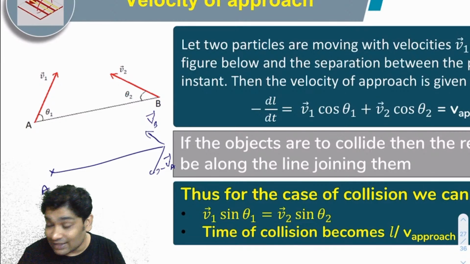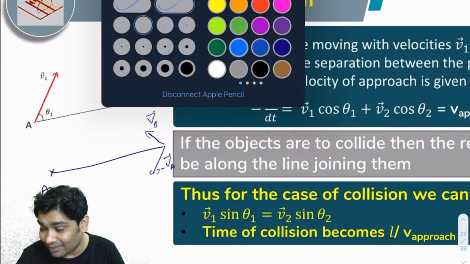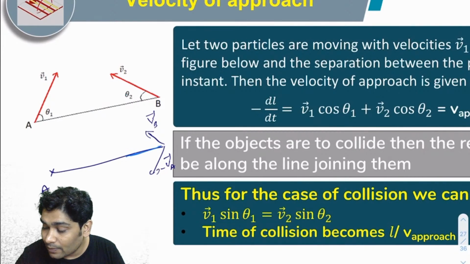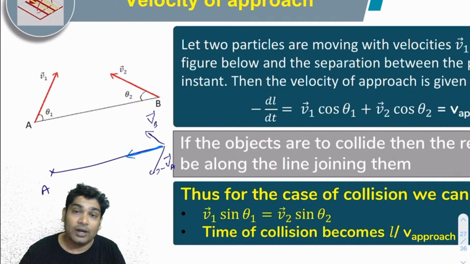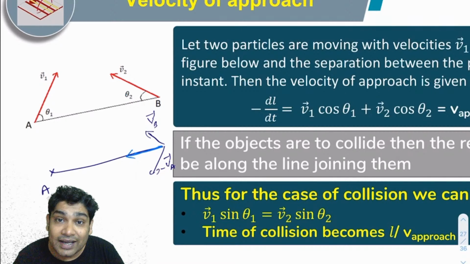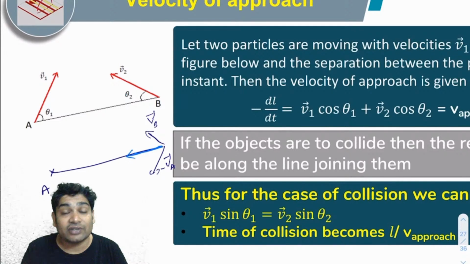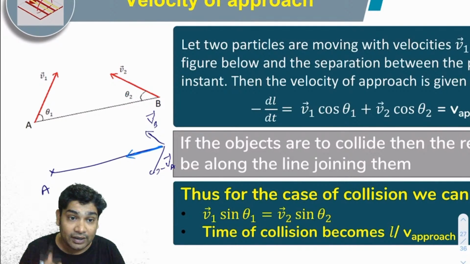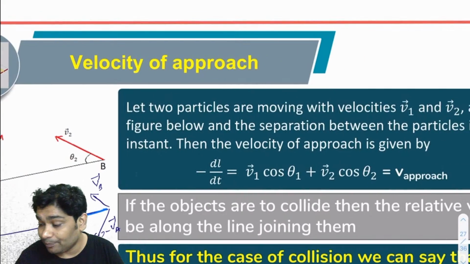And if this resultant is along the line joining them, then they will collide. So please remember the condition for collision between two objects is that their resultant velocity, or the relative velocity of one with respect to the other, should be along the straight line joining them. A very, very important result you should remember.